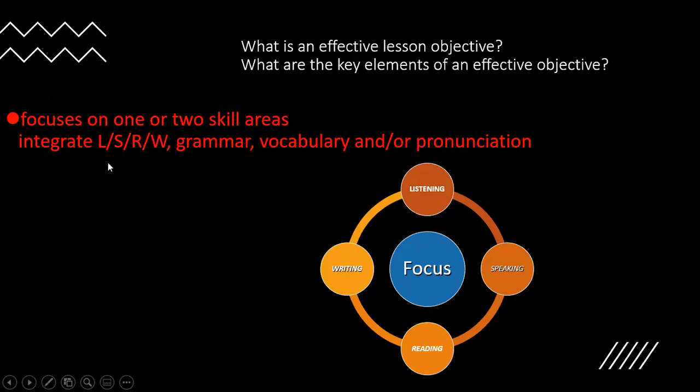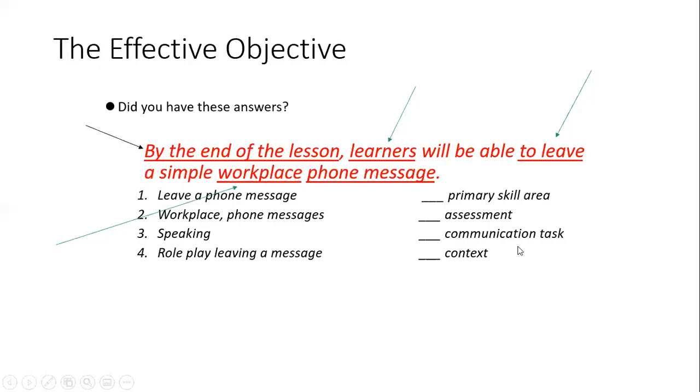Integrate listening, speaking, reading, and writing. But also, a lesson objective could involve grammar, vocabulary, or pronunciation. It all depends. So when you are teaching a lesson, you need to incorporate more than one skill to make it achievable, depending on your students' needs.